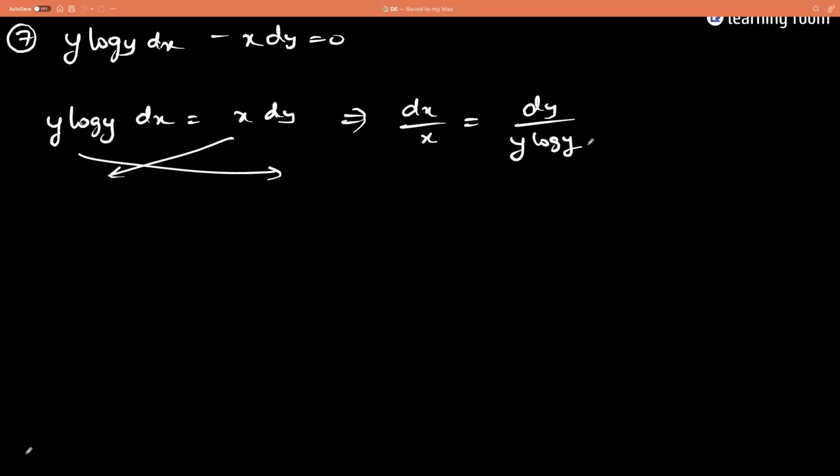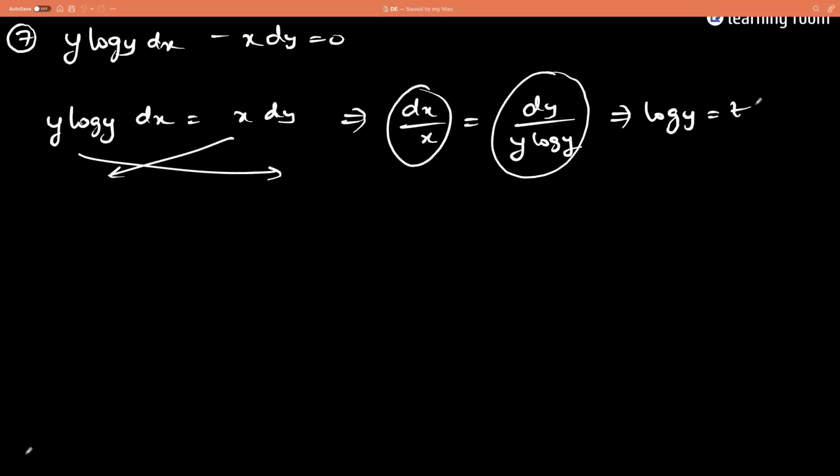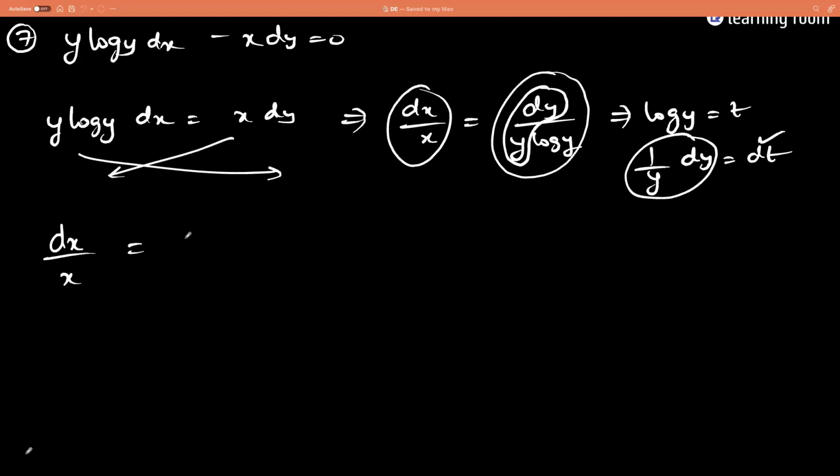So left hand side there is no problem. Right hand side, if you see, you have y log y. So what we can do is, if I put log y is equal to t, then you will get 1 by y into dy is equal to dt. So the whole expression gets changed as dx divided by x is equal to, in the place of dy by y, we will have dt, and log y will be t.